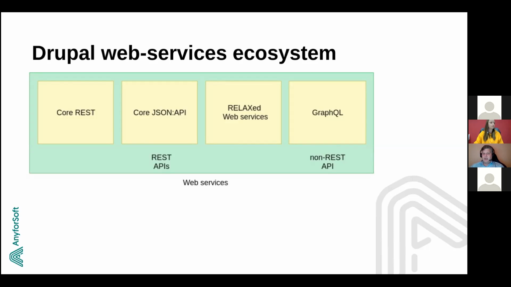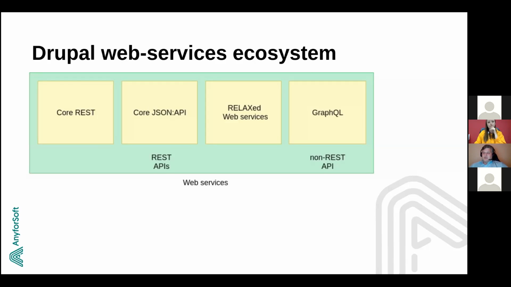Now it's in Drupal core, in Drupal 8 and also Drupal 9. Also, the Relaxed Web Services module could be used, which is also based on REST API. And as an alternative, we can use GraphQL as a non-REST API service, which is also frequently used for building decoupled applications based on Drupal.